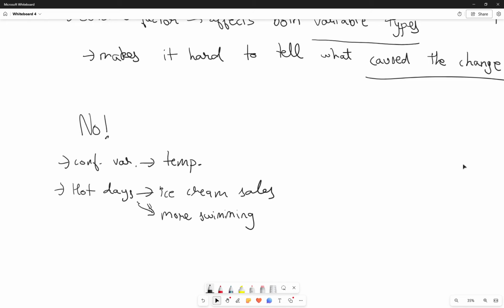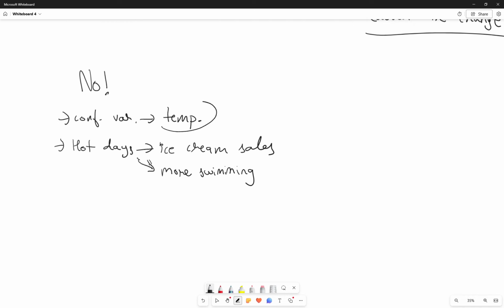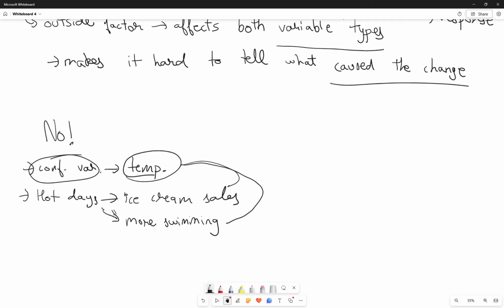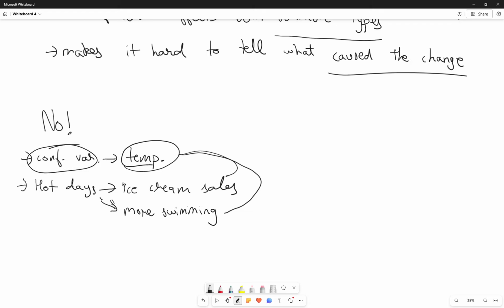And therefore, you can see how this confounding variable, temperature, affects both of these. Right? Let's do another one.